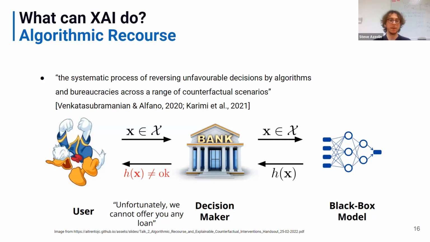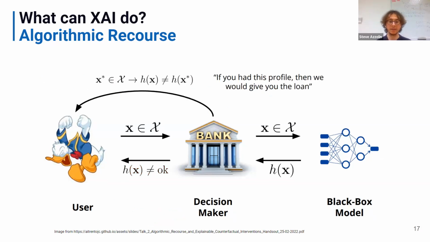In this case, algorithmic recourse aims at providing back to the user a sort of goal profile or some set of minor modifications that you can apply to your profile in order to push the model to provide a different outcome. So in this case, to actually give you the loan.